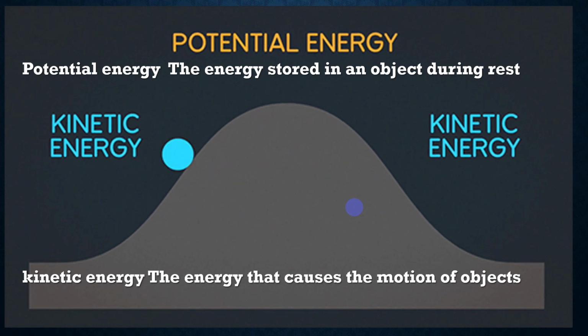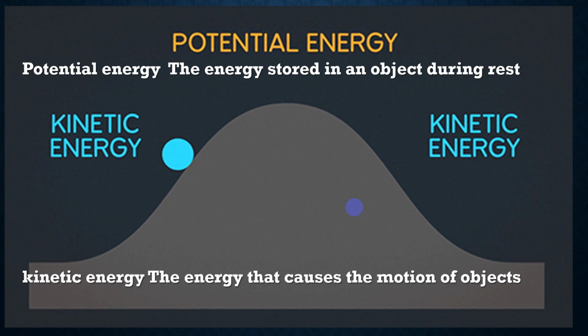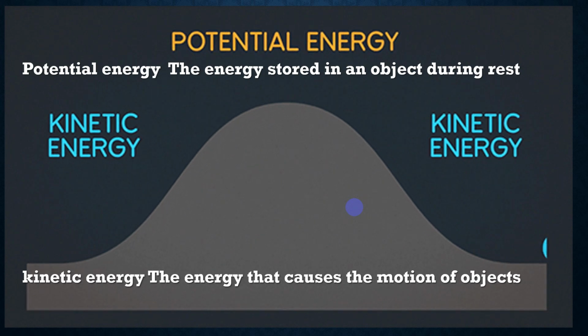Okay? So again, I have something called potential and kinetic energy. Potential energy is the energy stored inside an object during rest. And the kinetic energy is the energy that causes the motion of objects.